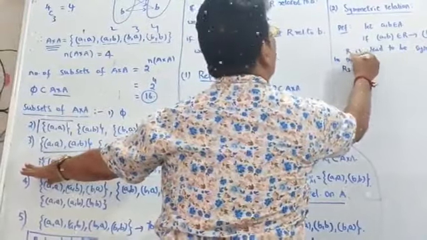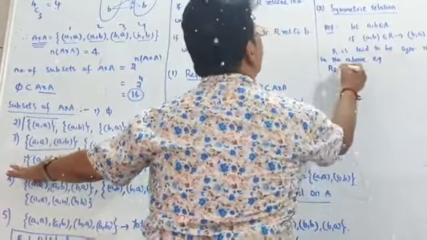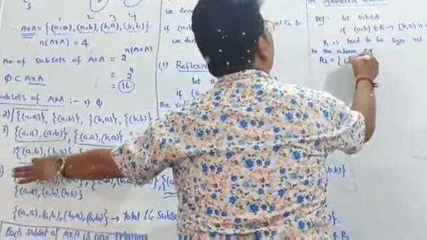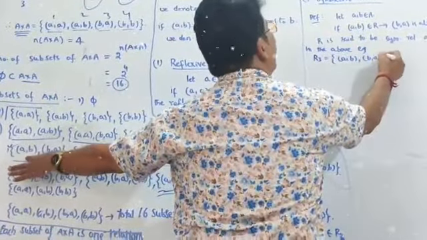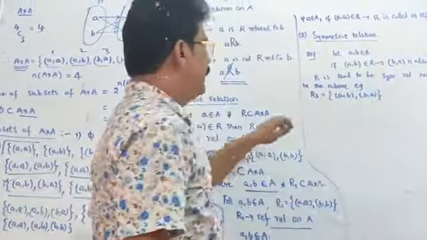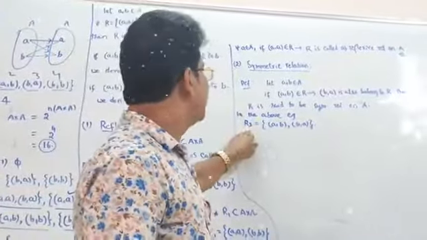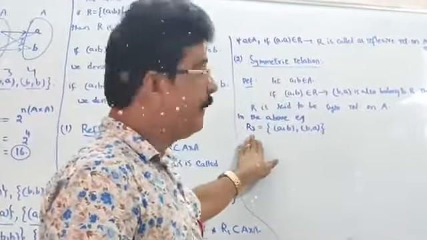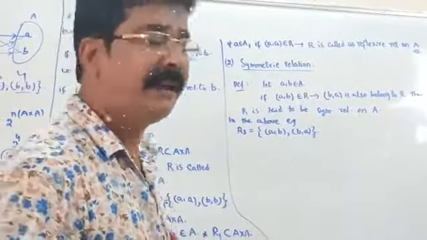In the above example, R3 is equal to the set of ordered pairs {(A, B), (B, A)}. So I am telling that R3 is a symmetric relation. Verify it.